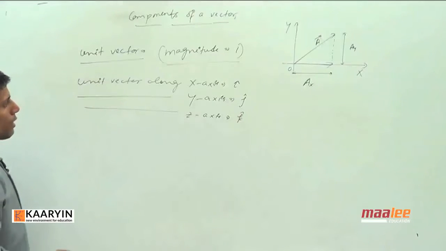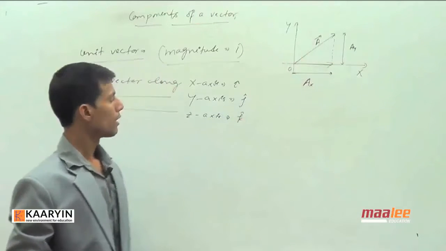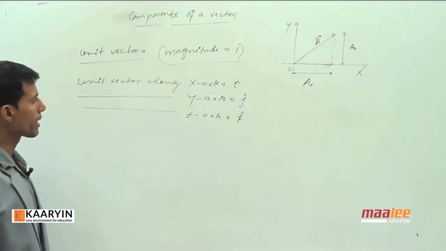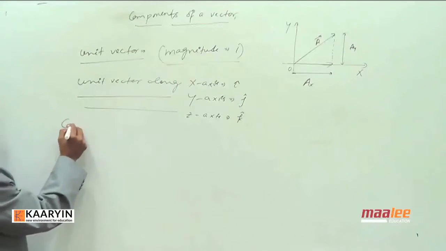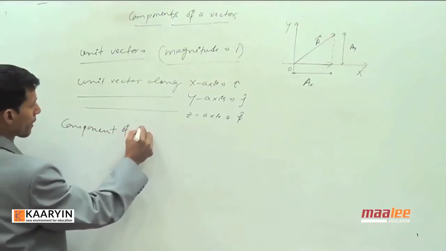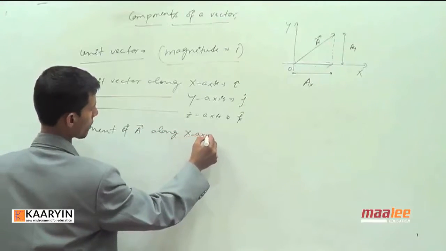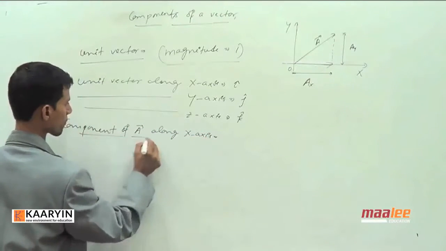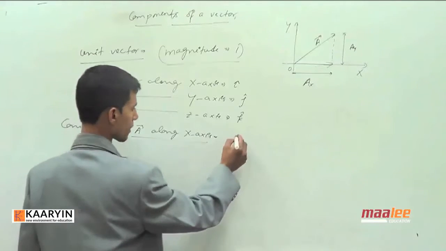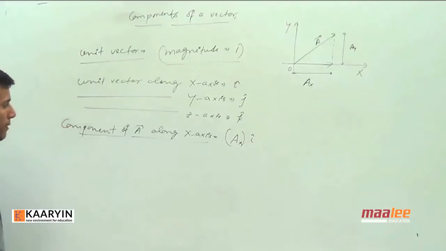Now, the component of vector A along the x axis is written as Ax, that is the length, times i cap. This becomes a vector.